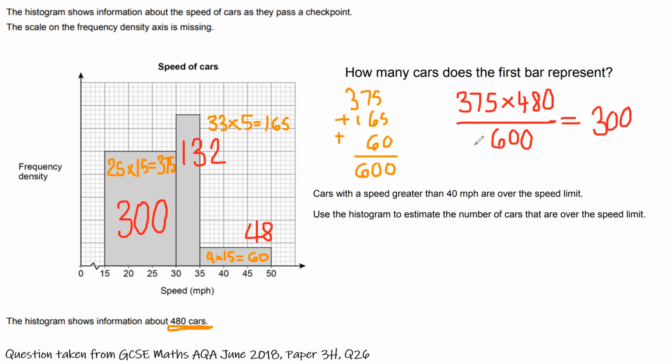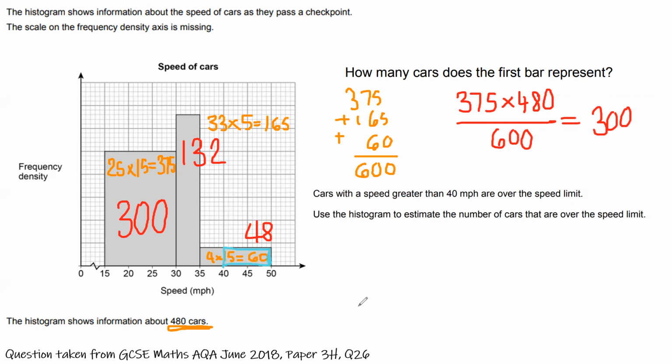Okay. The second part of this question asks us to estimate the number of cars that are over the speed limit. So the speed limit is 40 miles an hour. Well, that obviously is tricky. So we are looking at the cars that fall into this portion of the graph, which obviously is not a full bar.